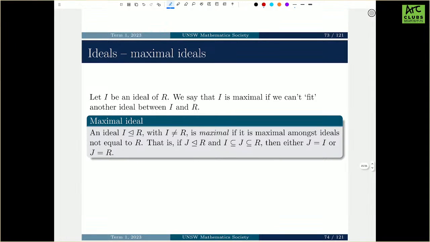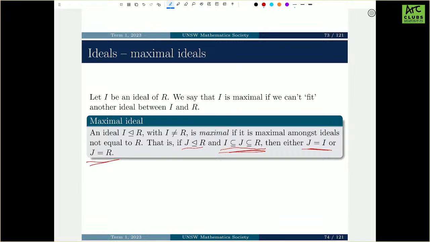Okay, let I be an ideal of R. We call I maximal if we can't, quote unquote, fit another ideal between I and R. So I is maximal if there is not another ideal J such that I is a subset of J is a subset of R, and J is not R, and J is not I. So basically, if you have I subset J subset R with I and J ideals, then this should mean that either J equals I or J equals R.